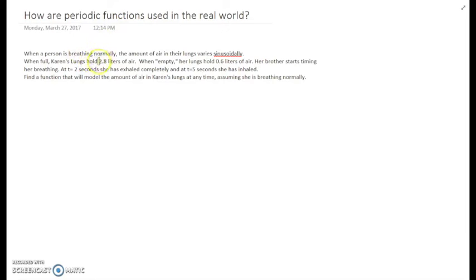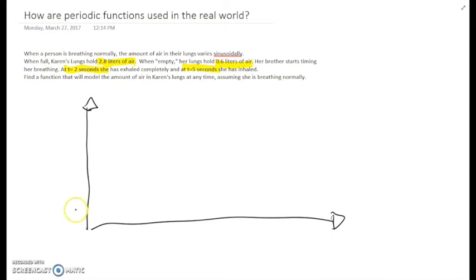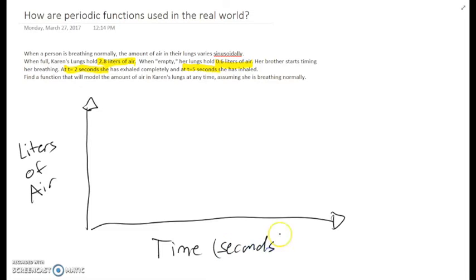First, we're going to need to find out what's given, which is 2.8 liters of air and also 0.6 liters of air, and also t equals 2 seconds and t equals 5 seconds. And now Mark will be setting up our graph. On the left side is going to be the liters of air on the y-axis, and for the x-axis we're going to put time in seconds.